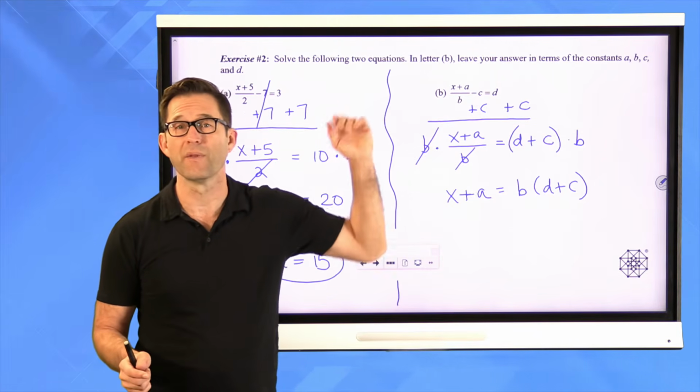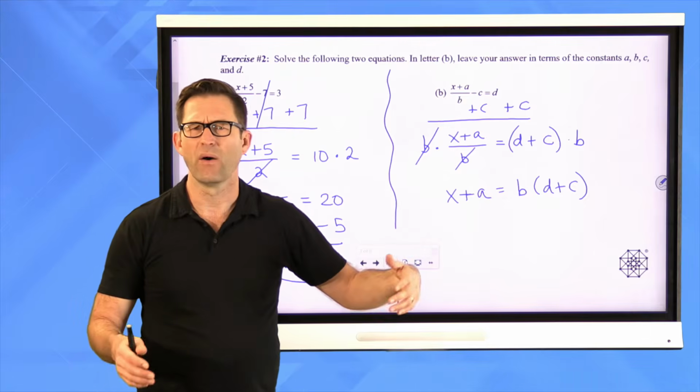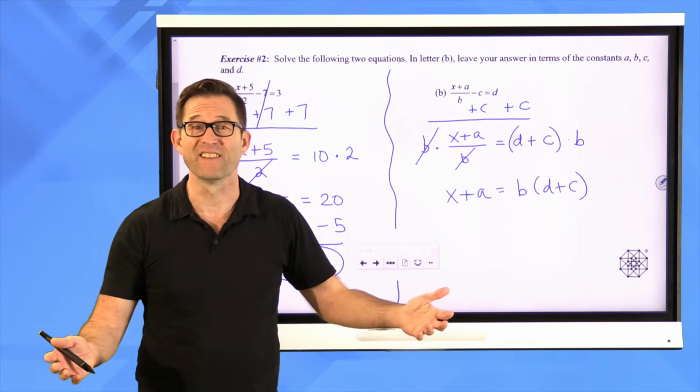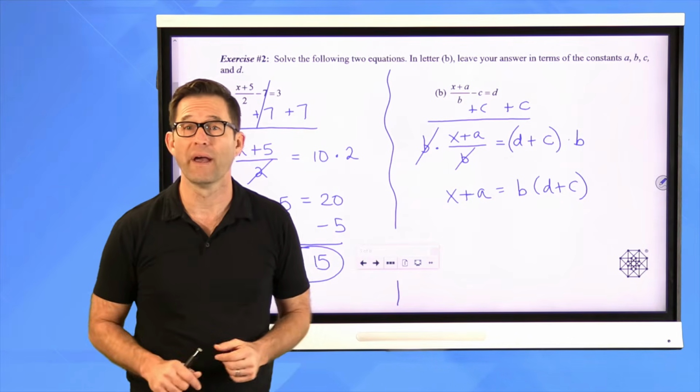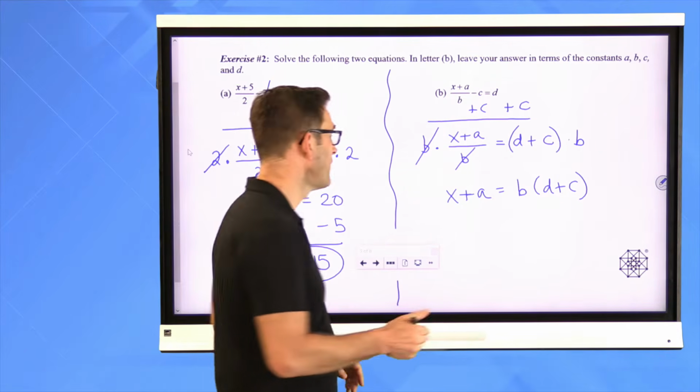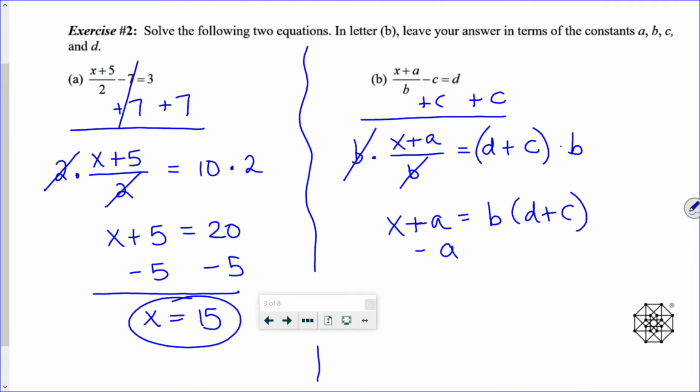There's nothing in this problem that says I've got to somehow leave it so that there's no parentheses in the final answer. All I have to do is get the x all by itself. So the final thing I have to do is simply subtract a from both sides. That cancels, and I get x equals b times d plus c, minus a.